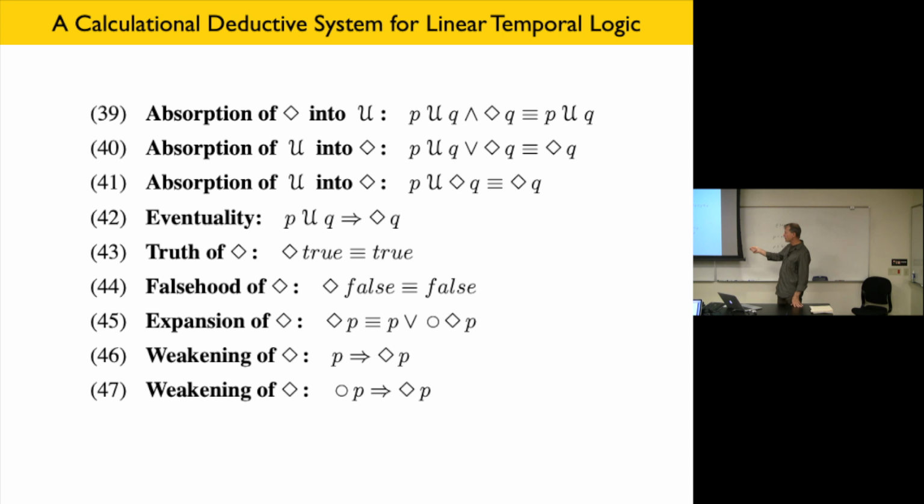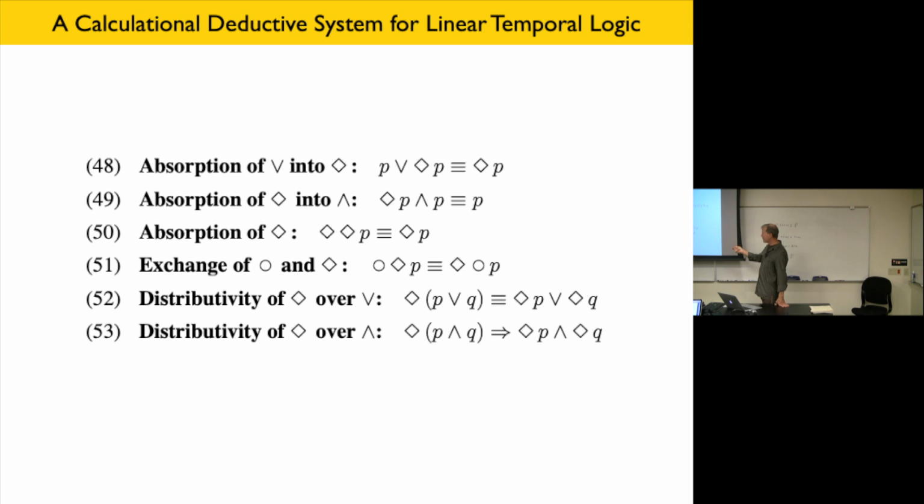If P is eventually true, then what does that mean by expansion? That means either P is true now, or in the next state, P will eventually be true. You see how that fits that expansion idea? See how neat this stuff is? I think this is really cool.